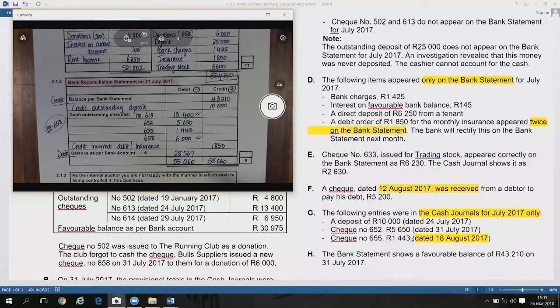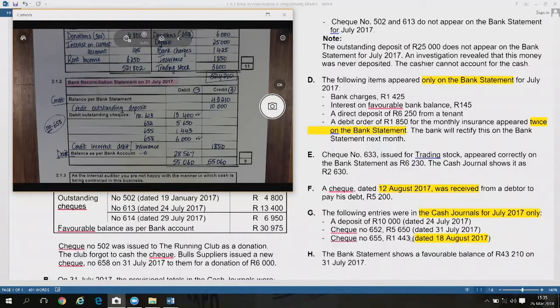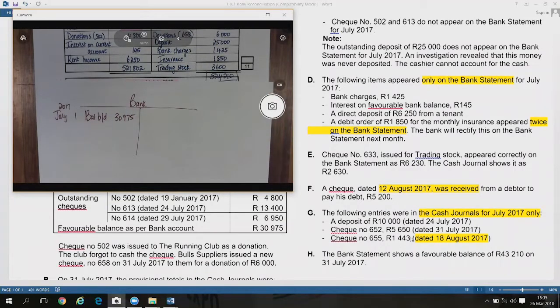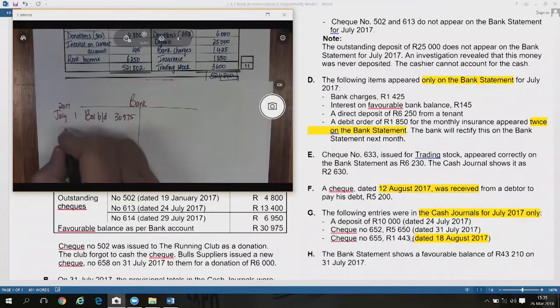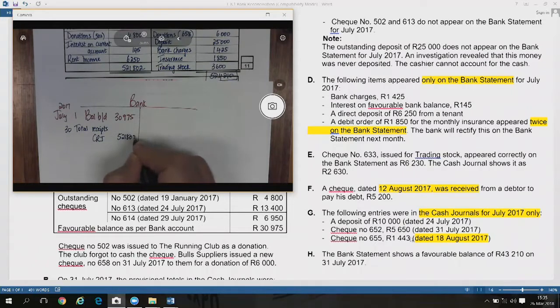Okay, the problem is that you don't know if you are correct, so I'm going to quickly check us by taking my bank account and add on the 30th of July total receipts from the CRJ, that was 521802.